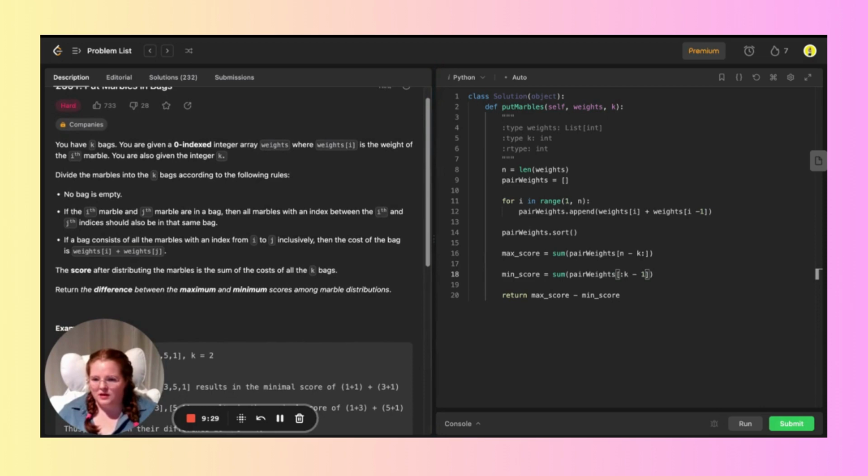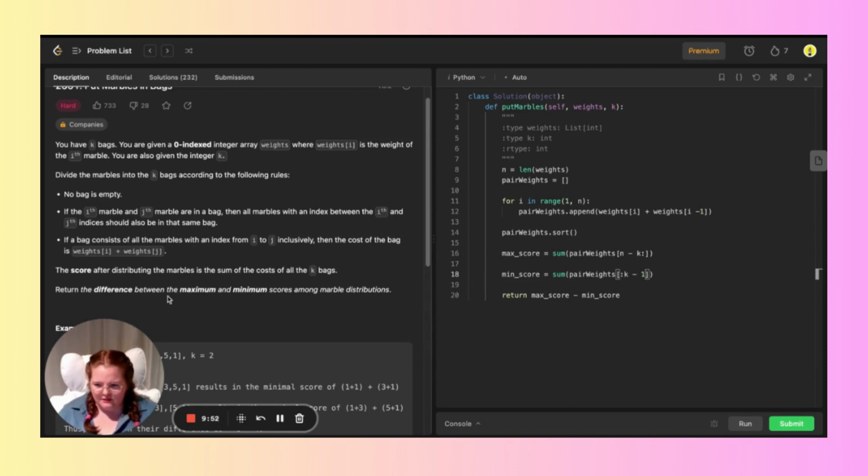You have K bags. This would get the largest sum of K minus 1, and then this would get the sum of K minus 1 in the smallest pairs.